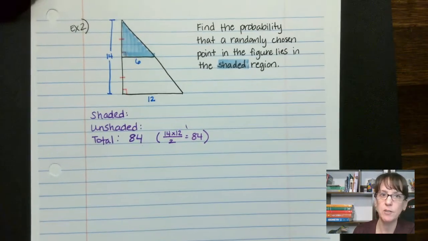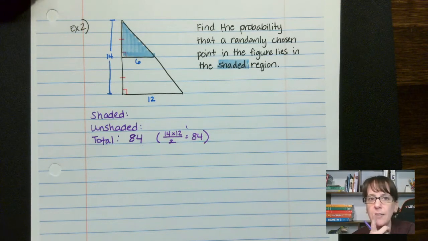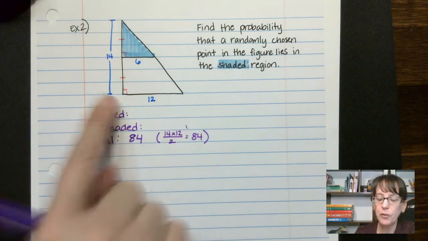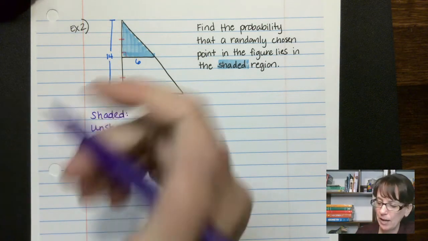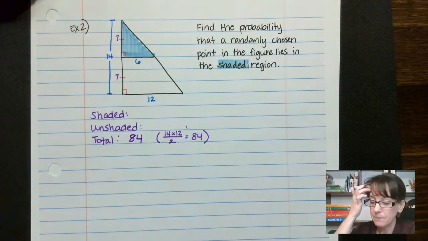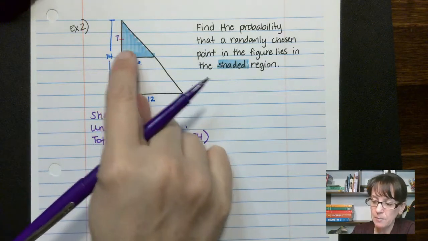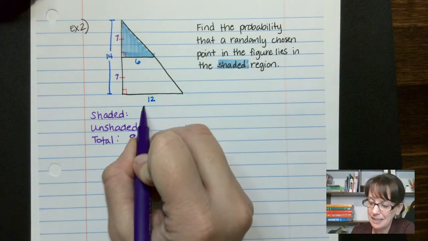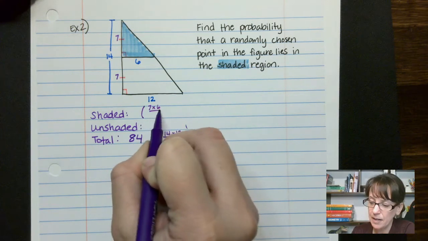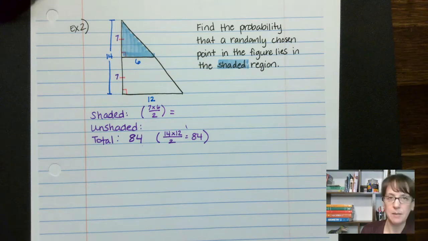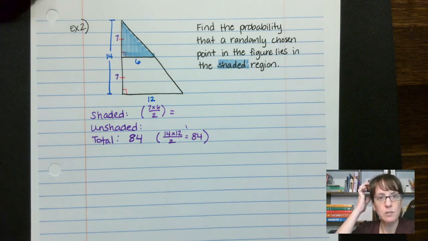Okay, what about the shaded part? Well, this is a good one. We know that these two sides are congruent to each other, and if this whole thing is 14, that means they both have to equal 7. So this is going to be 7 and this is going to be 7. For this shaded part, we can figure it out by saying 7 times 6 divided by 2, which gives us 7 times 3, so that would be 21.